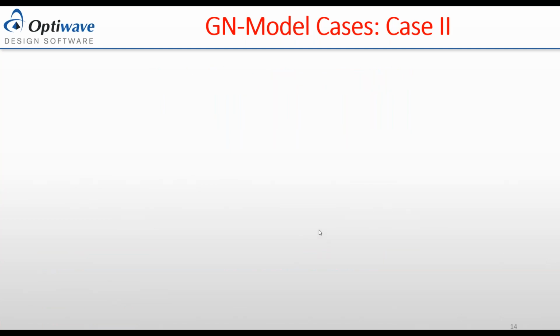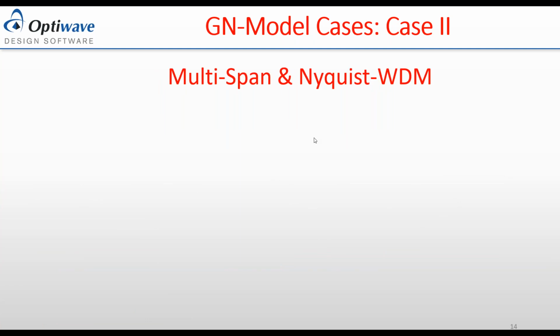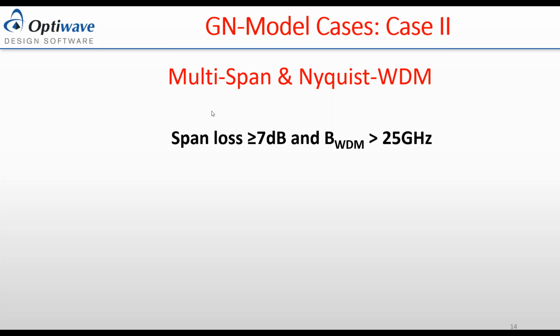Now, the second case which we address in the GN model is the multispan Nyquist WDM. So we still have Nyquist WDM channels, but now we have multiple spans. The number of spans can be as many as you design or require in your transmission system. However, the span losses again need to satisfy the assumptions to get an accurate calculation of the GN model.